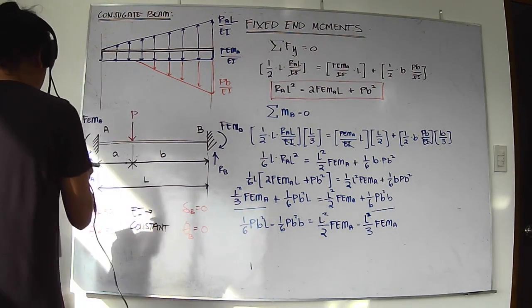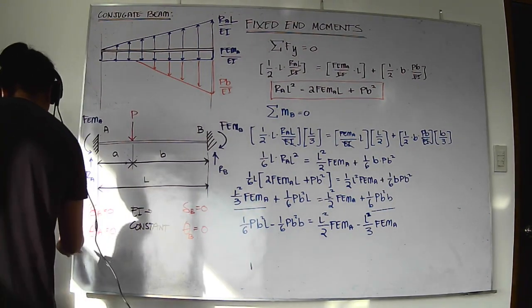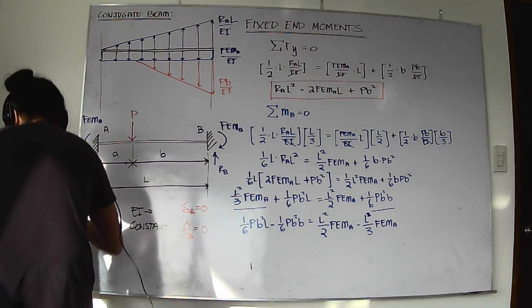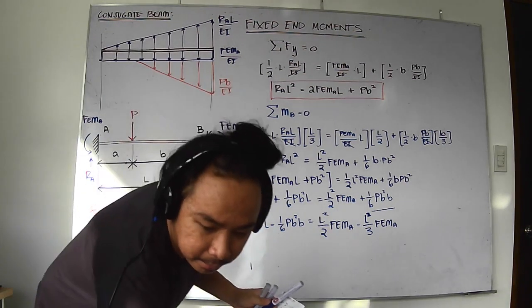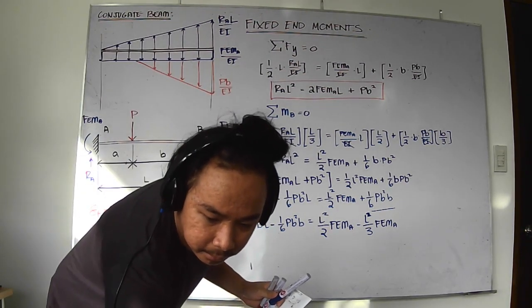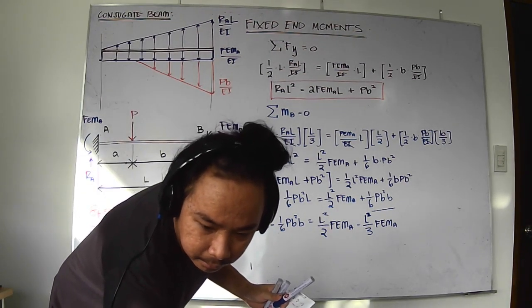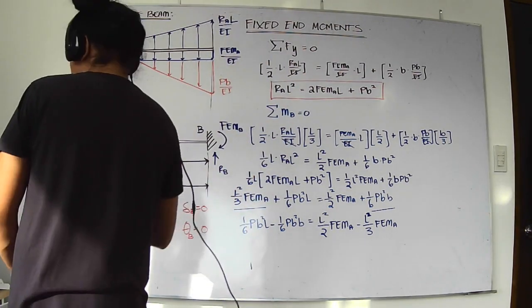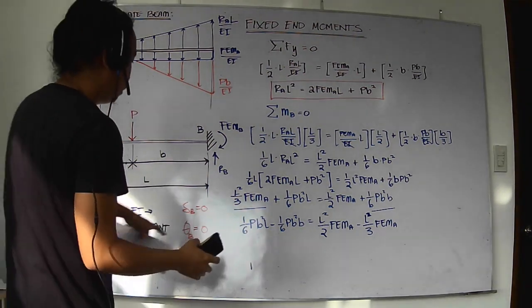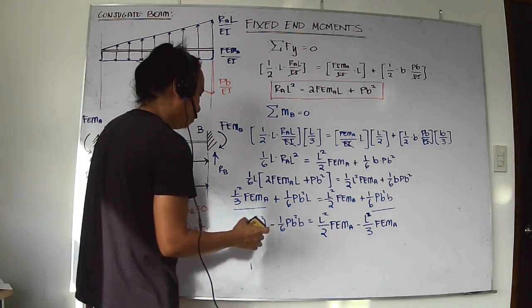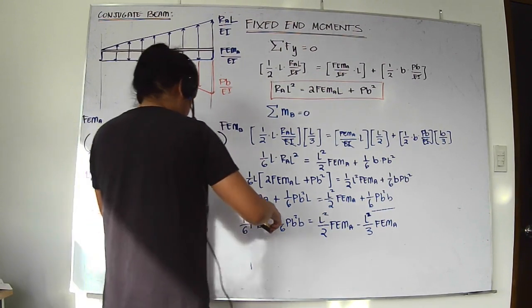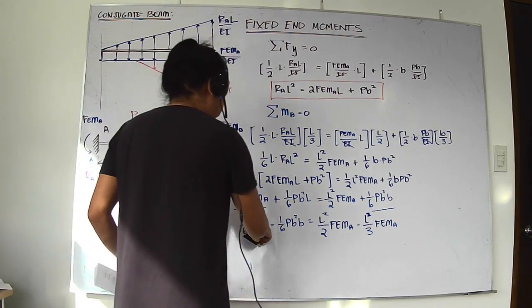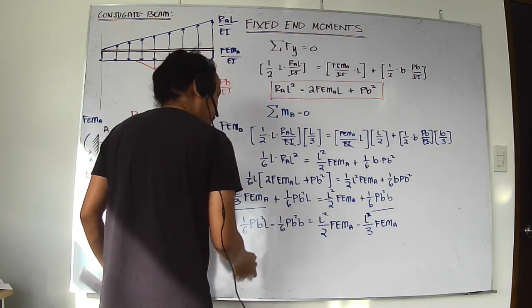Now what I would like to do here is to factor out PB, PBL or the earlier PB. Okay?